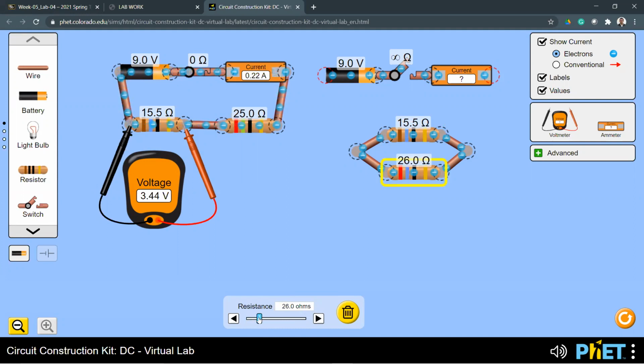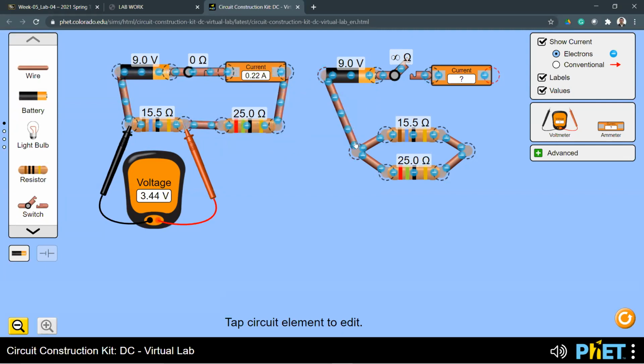Okay, we can get a better idea: the same resistors, if I connect serially, I'm going to get a larger value. If I connect parallelly, it's the inverse addition, I should get a smaller value. Okay, that's the idea. And let's complete the circuit. I need one wire here connected to this end. I need another wire here connected to this end.